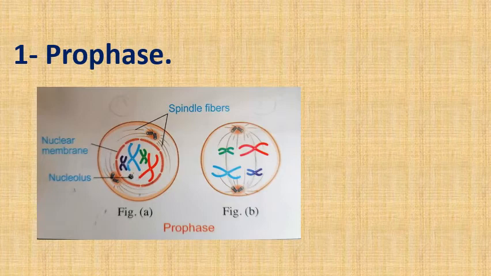Each chromosome connects with one spindle fiber. So this is prophase, the beginning of prophase and the ending of prophase.